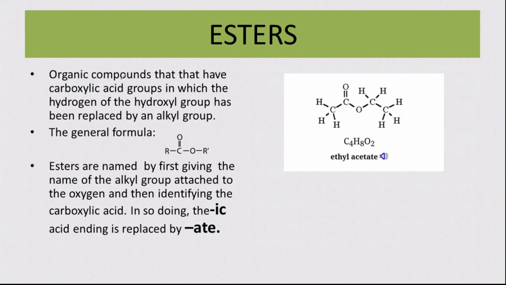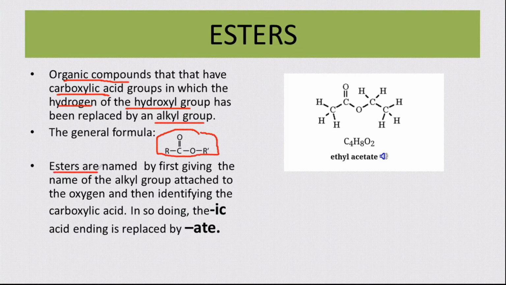Okay, next one is the esters. Esters are organic compounds that have a carboxylic acid group in which the hydrogen of the hydroxyl group has been replaced by an alkyl group. Okay, and it has a general formula of R, C double bond O, OR.